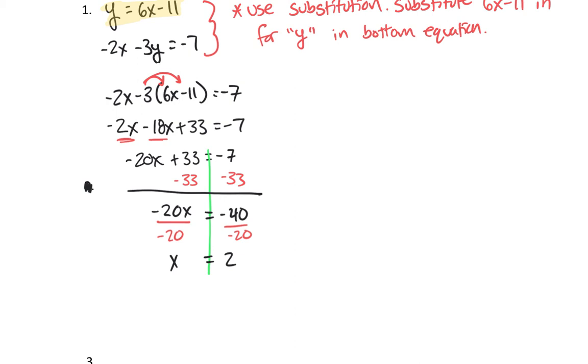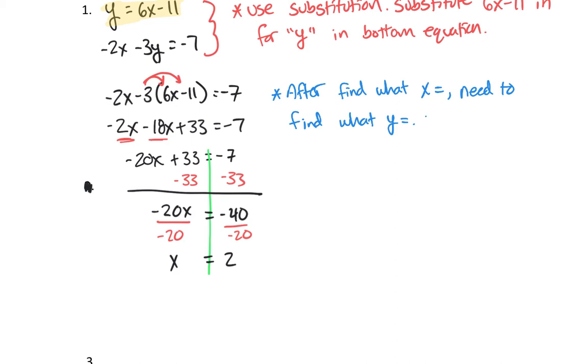Something worth writing down is that after you find what x equals, we also need to find what y is equal to. So you solve for both x and y when we do this.